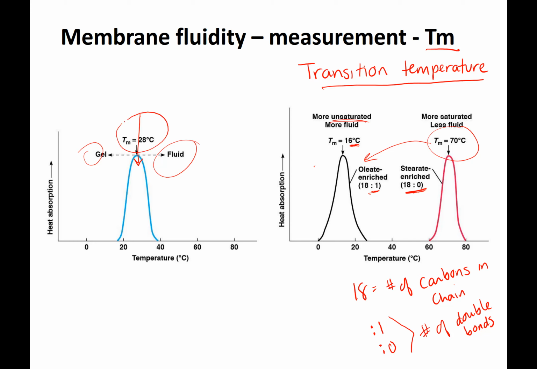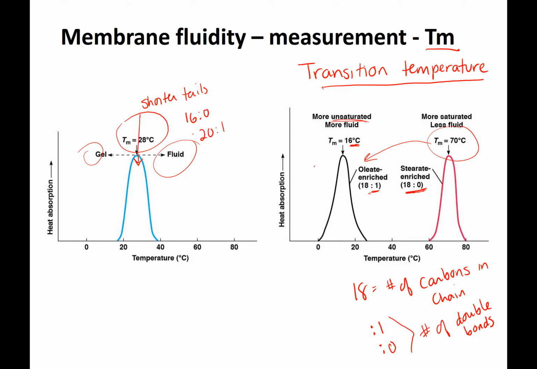Since this membrane's transition temperature is 28, it most likely has shorter tails. Right? Oops. So it might be 16 and 0. Or it might be 20 and 1.